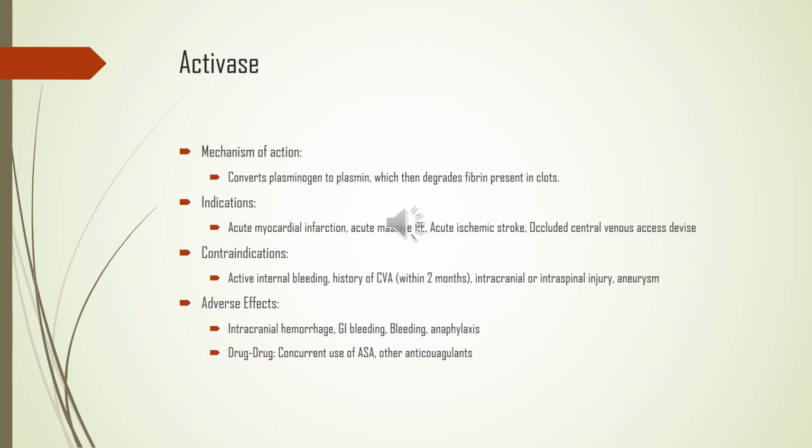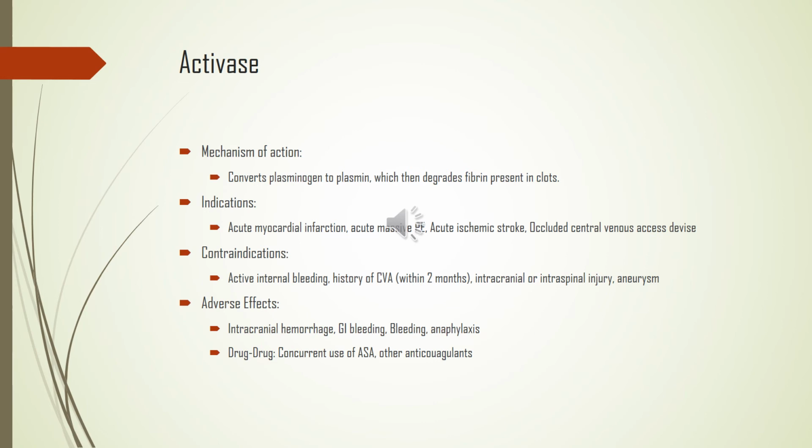It's going to be contraindicated in active internal bleeding, history of stroke within the past 2 months, intracranial or intraspinal injury, and aneurysm. You're also going to be monitoring for adverse effects: intracranial hemorrhage, GI bleeding, anaphylaxis, and concurrent use of aspirin or other anticoagulants.